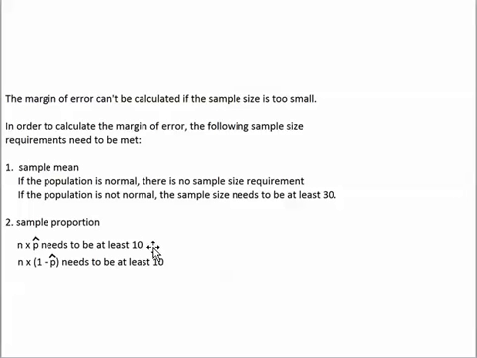But if one of these comes out less than 10, then your sample size isn't big enough, and you can't calculate the margin of error. So overall, there's two situations in which the margin of error can be calculated, and each situation has its own minimum sample size that has to be met.